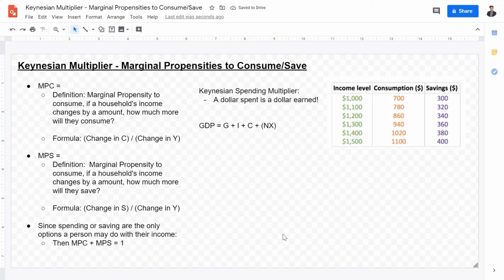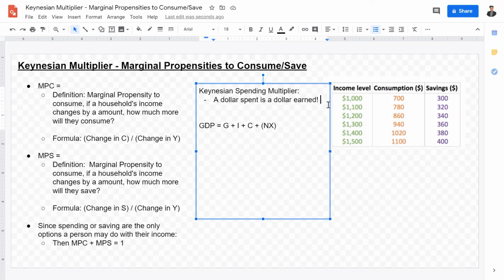That's very interesting. Before we do some calculations with an example, let me give you a more in-depth definition of the Keynesian Spending Multiplier. The Keynesian Spending Multiplier concerns the amount by which an increase in spending will increase GDP.